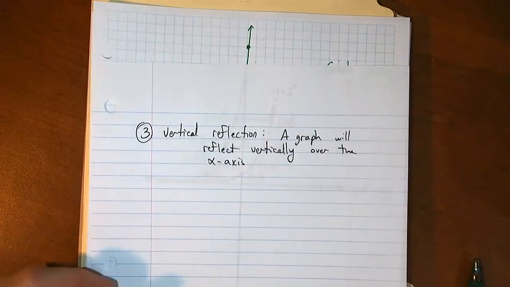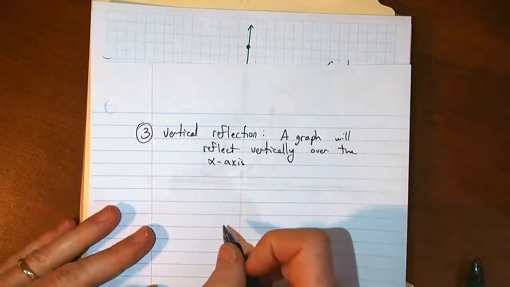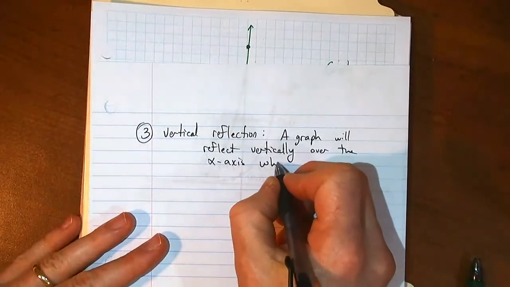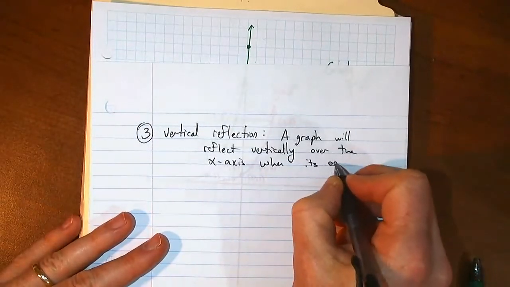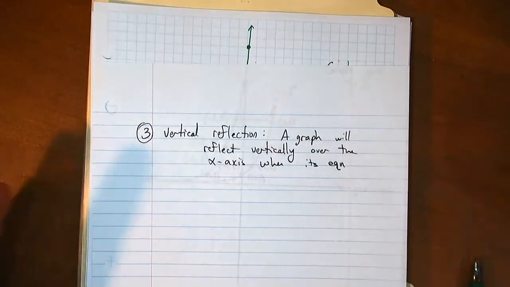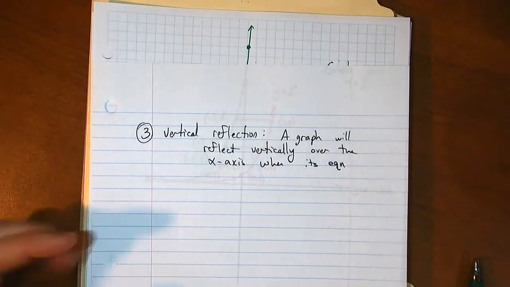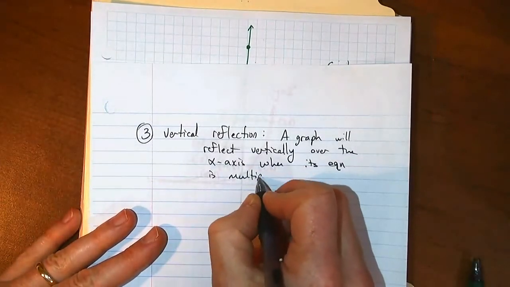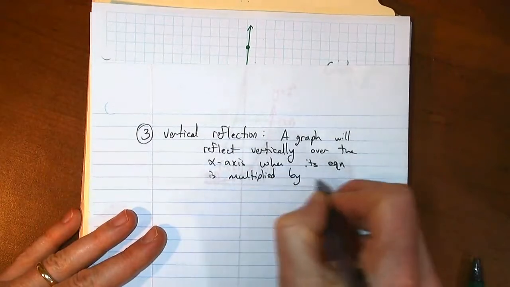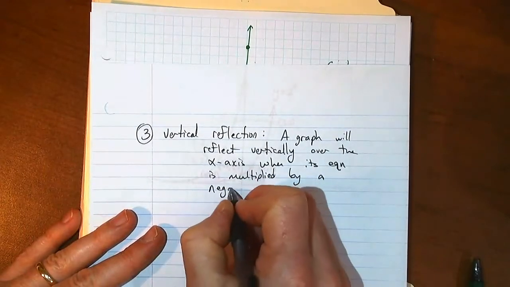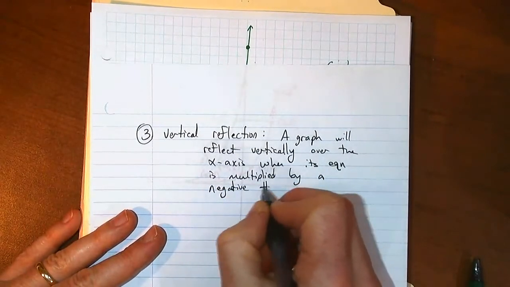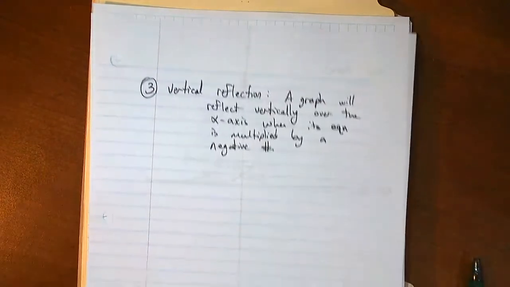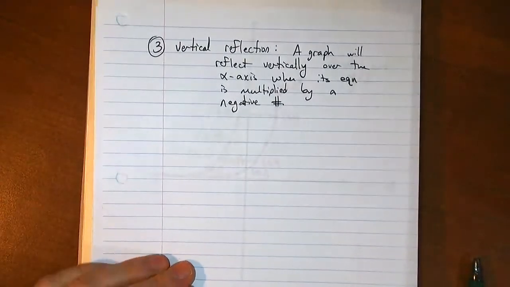The graph will reflect vertically over the x-axis when its equation, so we're working with the whole equation again, not just the x, when its equation is multiplied by a negative number. Okay, so that's our rule number 3.